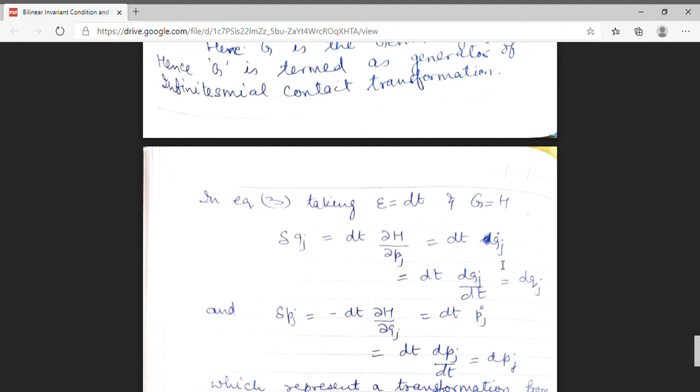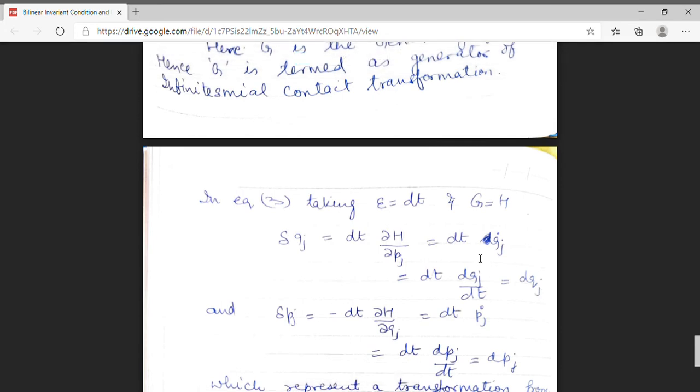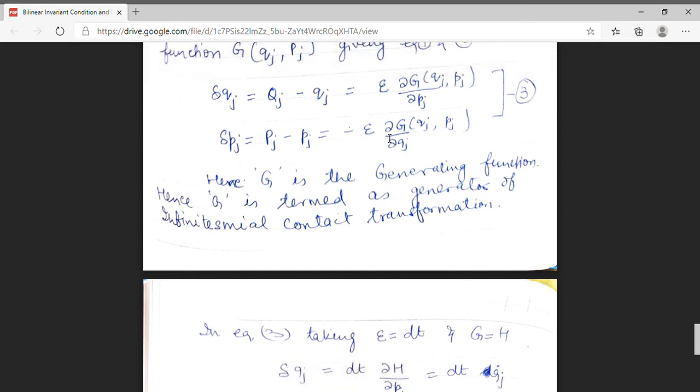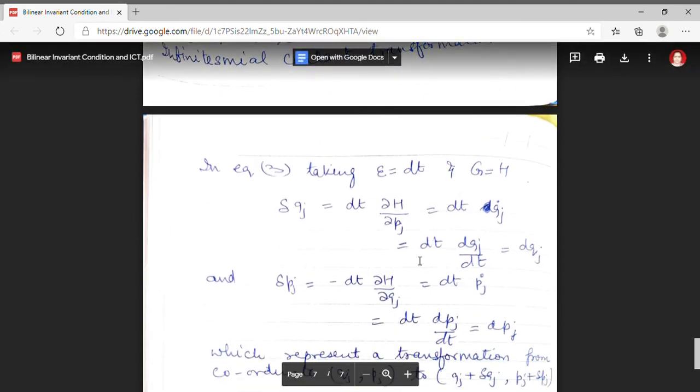Qj dot means dqj upon dt. So dt cancels out, it is dqj. That means partial variation of qj is equal to dqj. And similarly, from the second expression, del pj, putting epsilon to be dt and G to be H, I get del pj equal to dpj.